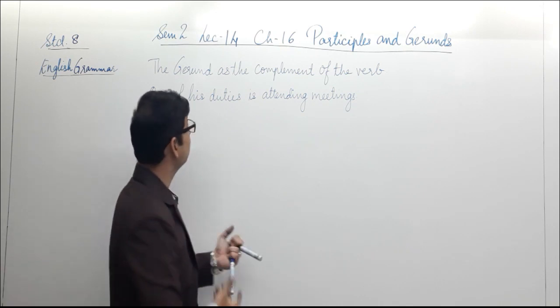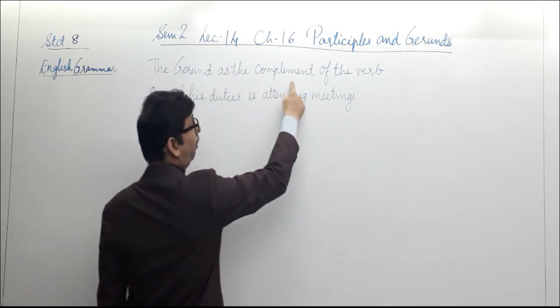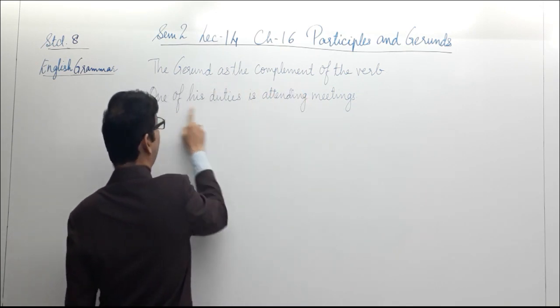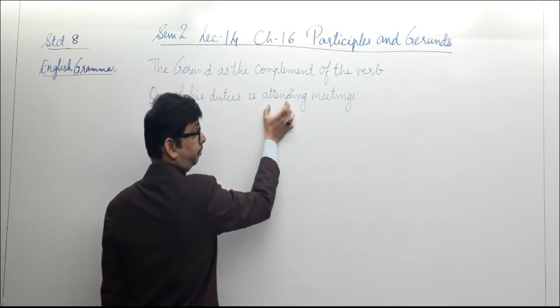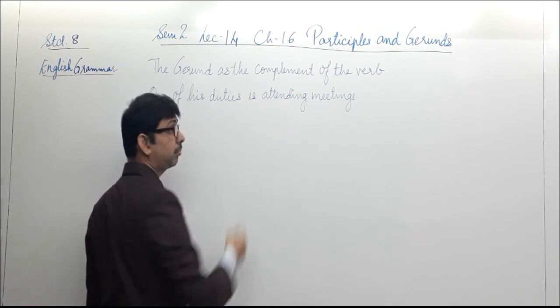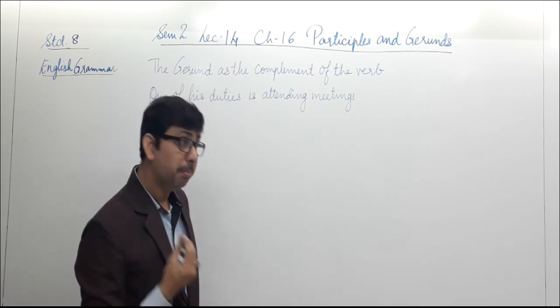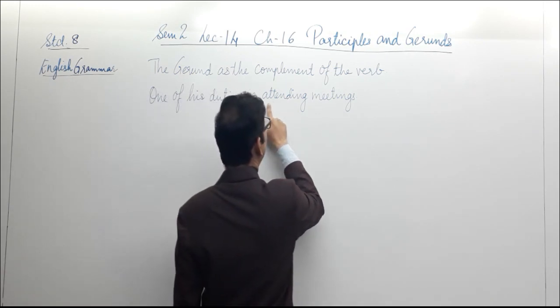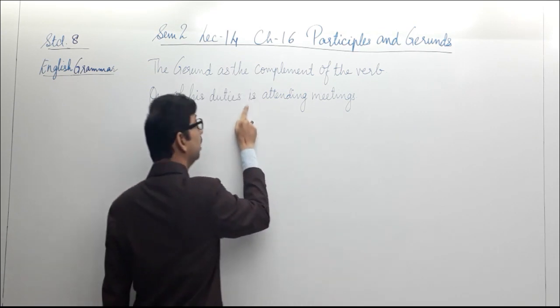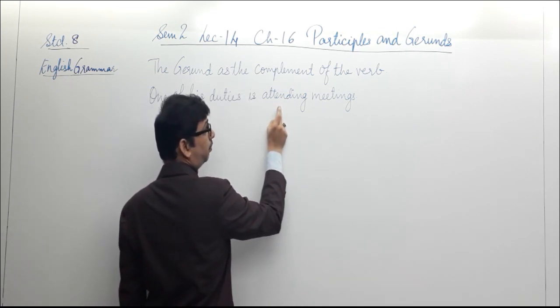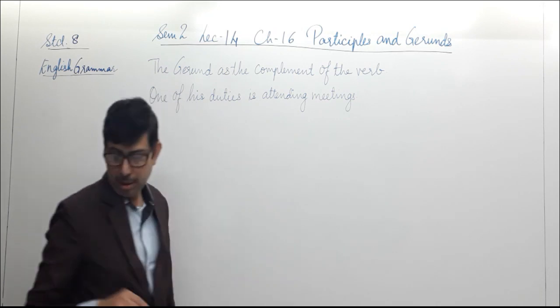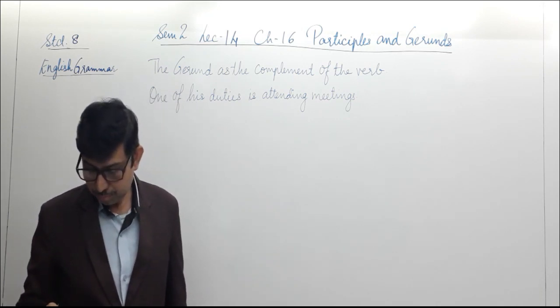So you see this sentence, gerund as the complement of the verb. One of his duties is attending. So here the word attending appears to you as a verb, ing form of the verb, but it is playing the role of a complement of the verb is attending.